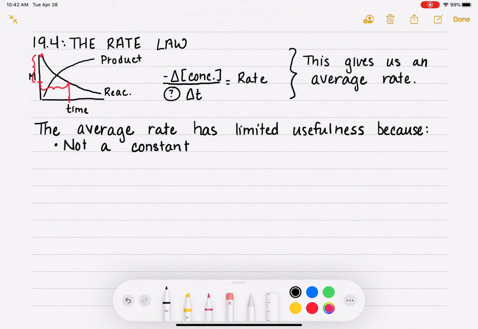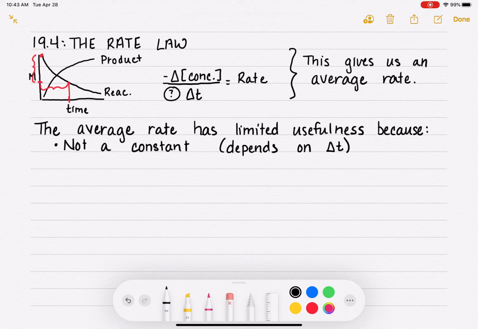If we calculated the average rate over the first 30 seconds, that number would not be the same as the average rate over the first 3 minutes. So it's time dependent, it depends on the time frame. Let's say it depends on delta t.